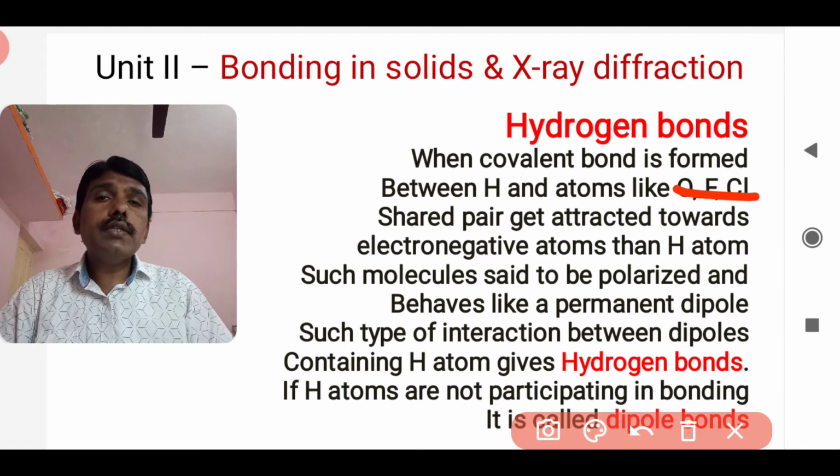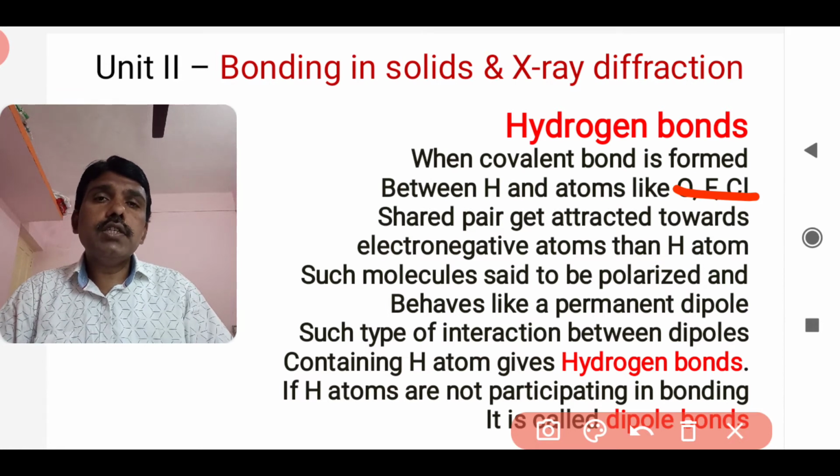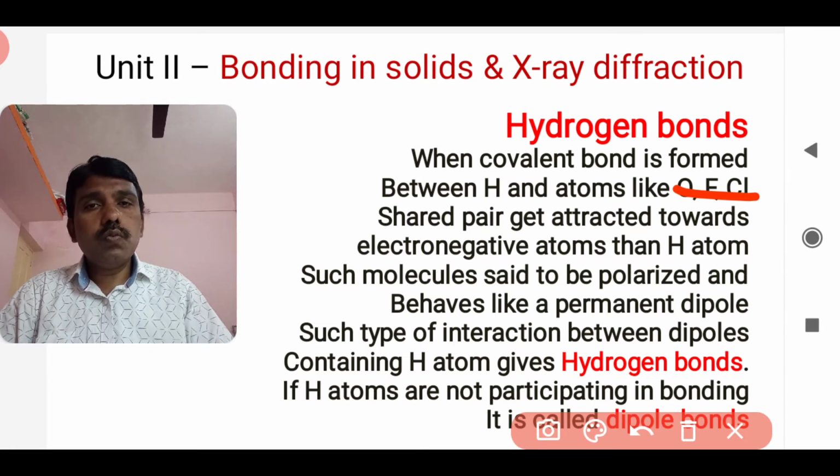Now, what is called electronegative, and how is it electropositive? We are aware that H has only one electron, whereas oxygen has six valence electrons in the outermost shell. Because the number of electrons in the outermost shell is maximum in oxygen, it becomes more electronegative, having more attraction towards itself.